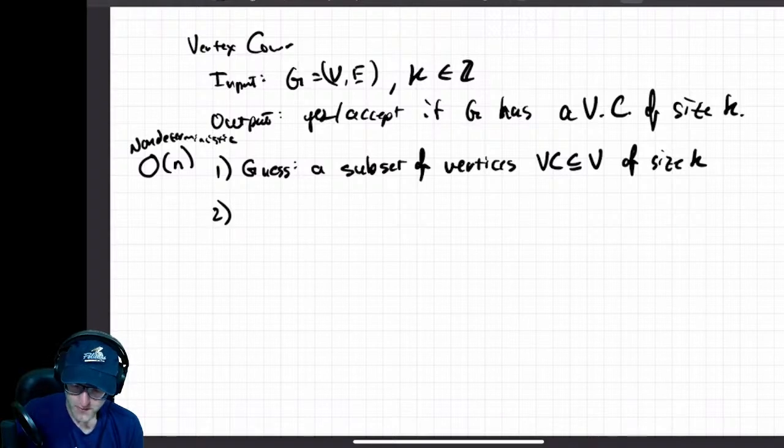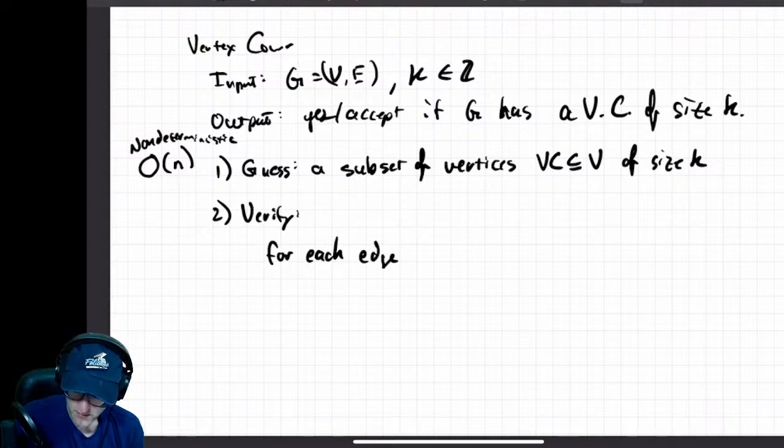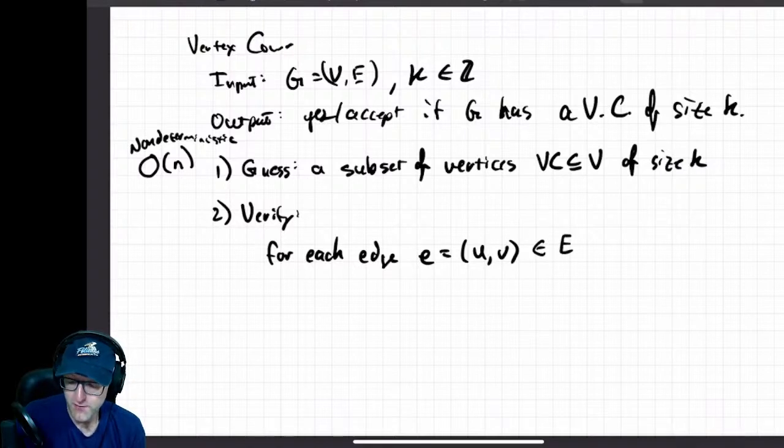All right, verify. So for each edge E, and I'll call its endpoints U and V, in E, we need to make sure that that edge is covered by a vertex in the vertex cover.